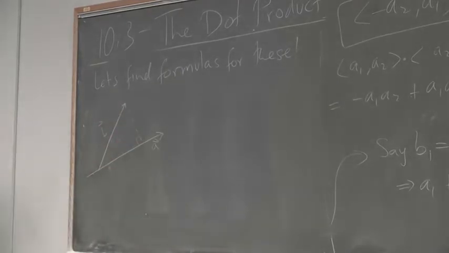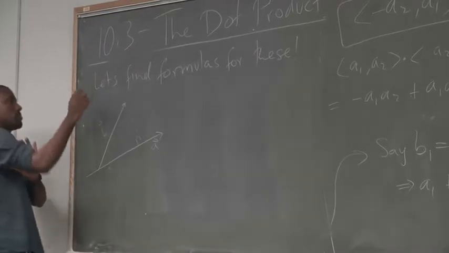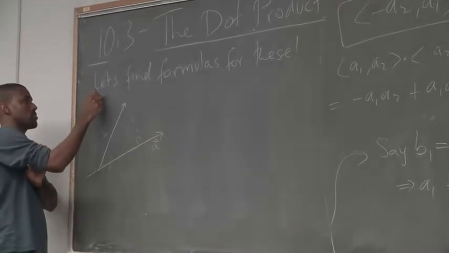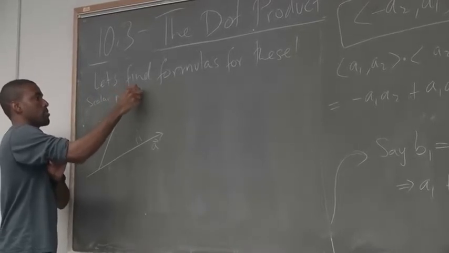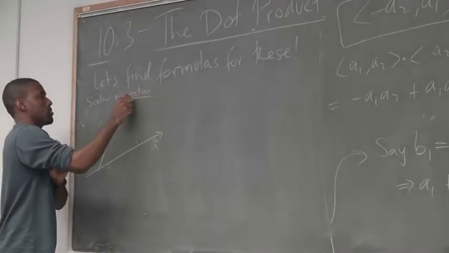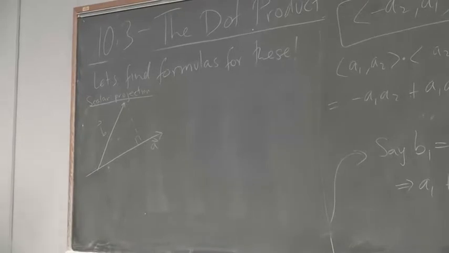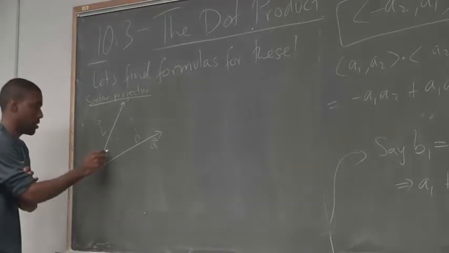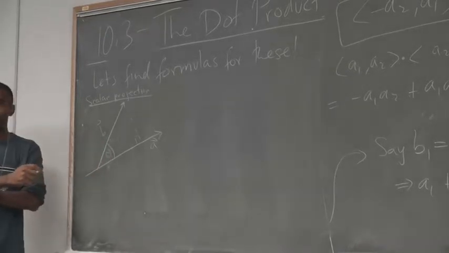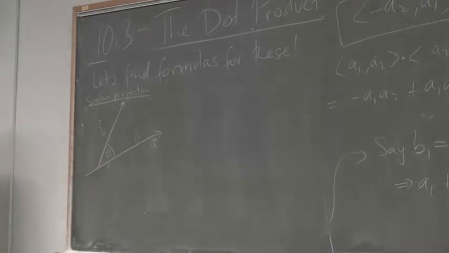Let's start with this scalar projection. Let me give you a hint as to how we're going to get to the formula. Consider the angle between the two vectors.